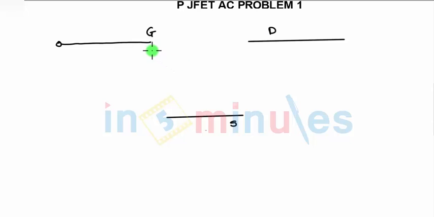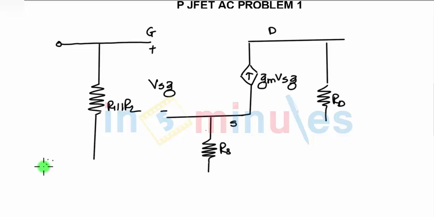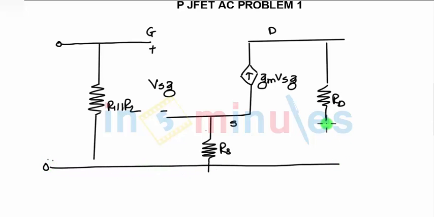Now between gate and source you have VSG, between drain and source you have GM into VGS. Now since it is P channel, it will be GM into VSG, then you have RS, then you have RD, the drain resistance. Here you have R1 parallel to R2, and everything is connected to the ground terminal.